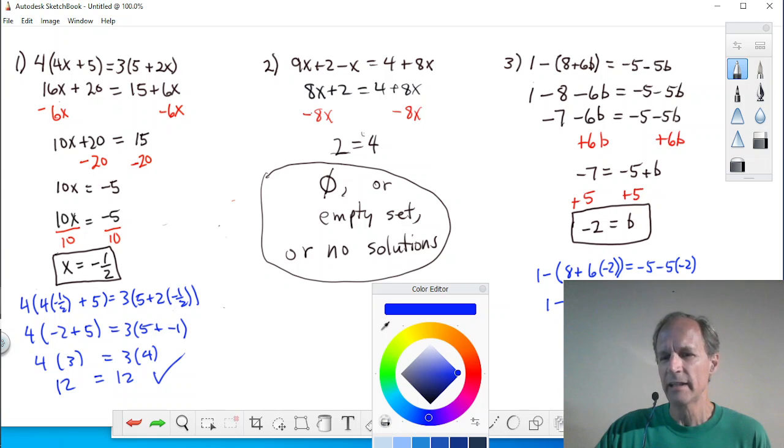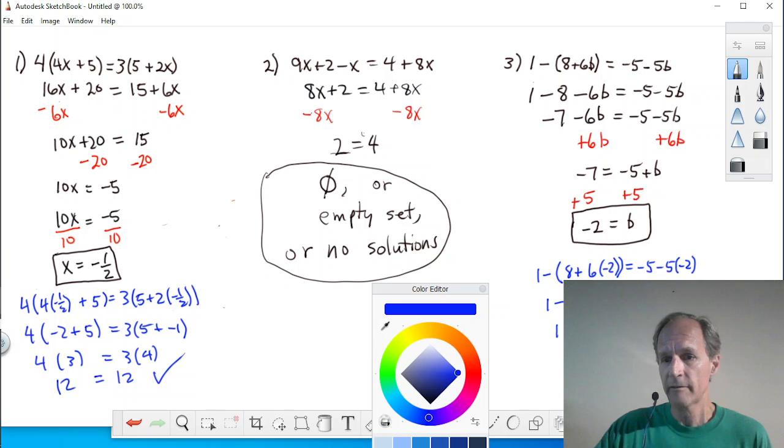Let's go ahead and write that down. We won't do two steps at once this time. It's still minus. We just brought the minus sign down. 5 times negative 2 is negative 10. So we have 1 minus 8 plus negative 12, which is negative 4.